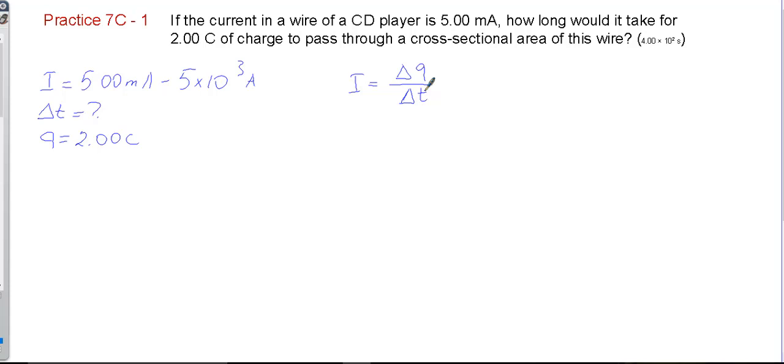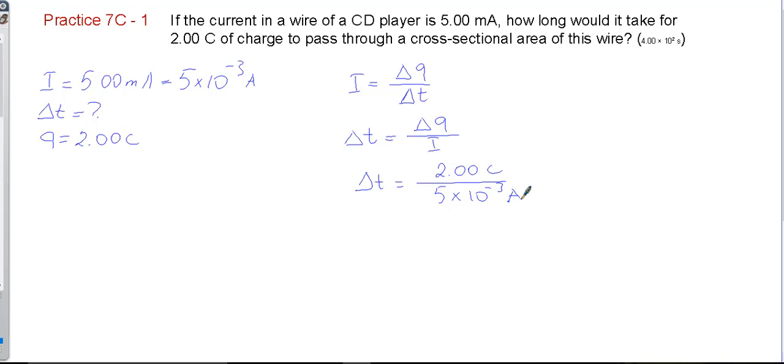Here delta T is wanted, so if we cross multiply, delta T will be delta Q over I. So delta T is equal to the charge, 2.00 coulomb, divided by I. I is equal to 5 multiplied by 10 to the minus 3 ampere.